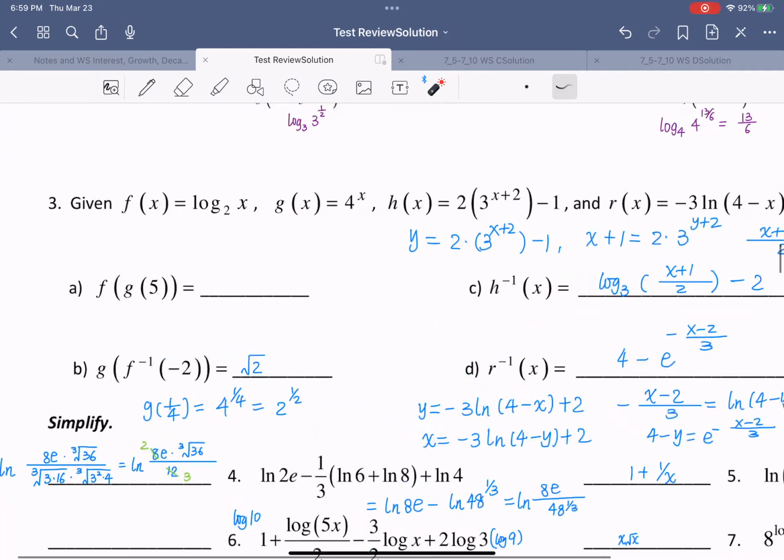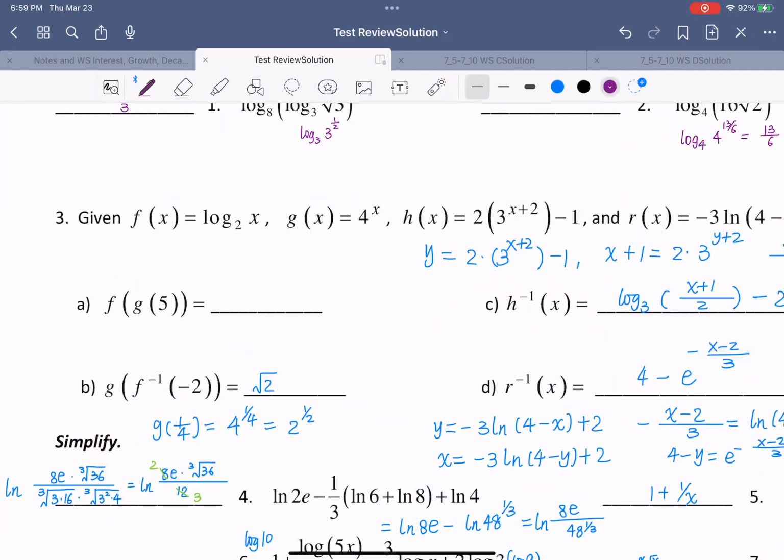Daniel, let's first get g of 5. G of 5 is how much? G of 5 is who? Daniel, unmute yourself, answer my question. I cannot hear you.